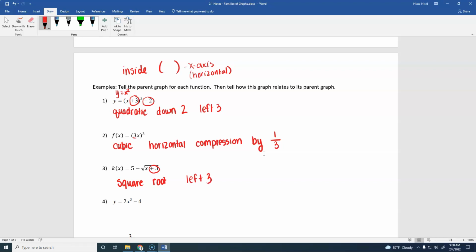Here, the square root symbol acts like your parentheses, even though there aren't any parentheses there. All right, Caitlin, what else is going to happen to it? Very good. Sometimes this throws kids off that the 5 is out front, but if you wanted, you could move it over here as a plus 5. So that means there's also one more transformation. Connor, what else is happening? That negative right there is going to reflect over the x-axis.